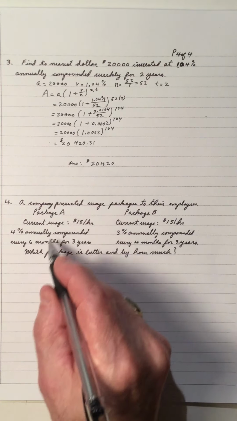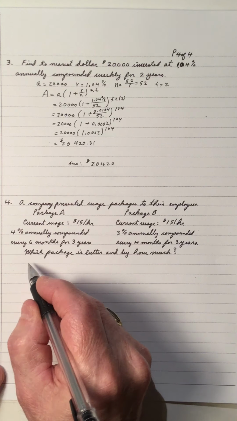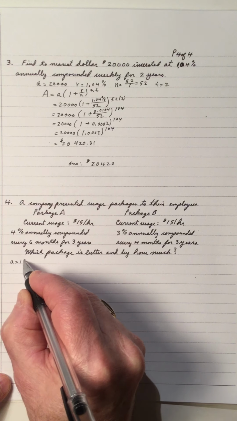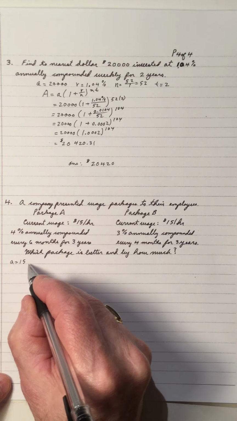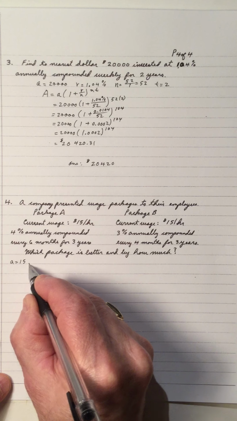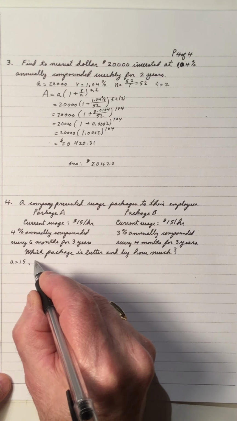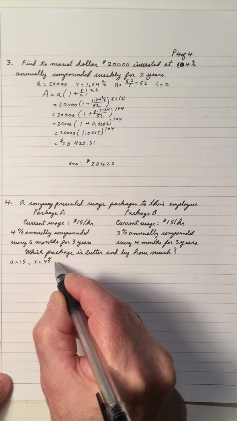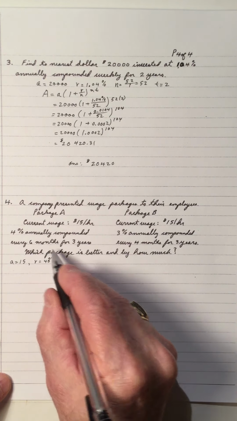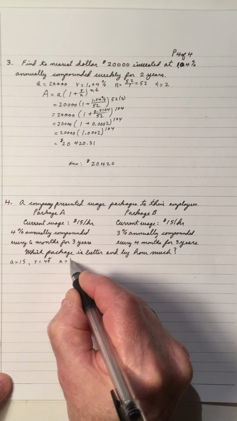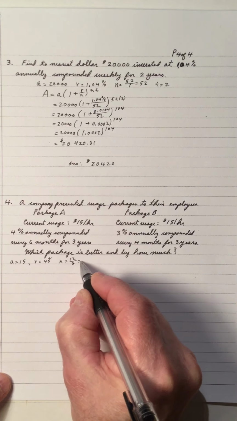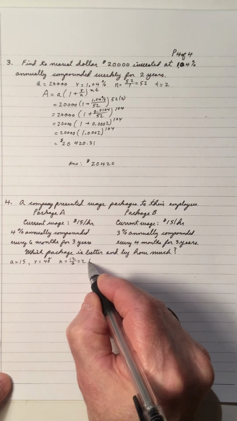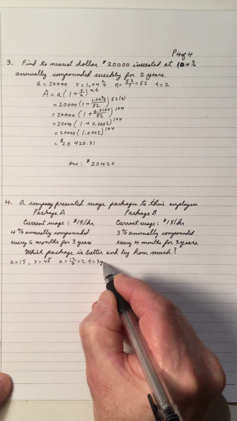So let's figure out package A first. Both of them had $15, and the annual interest rate was 4%, and it's compounded every 6 months, so 12 divided by 6, it's compounded twice, and the time is 3 years.